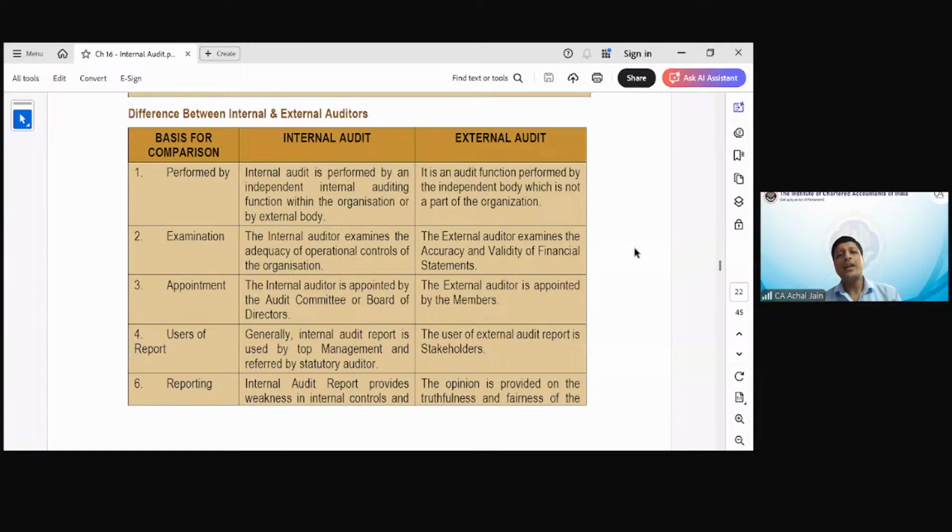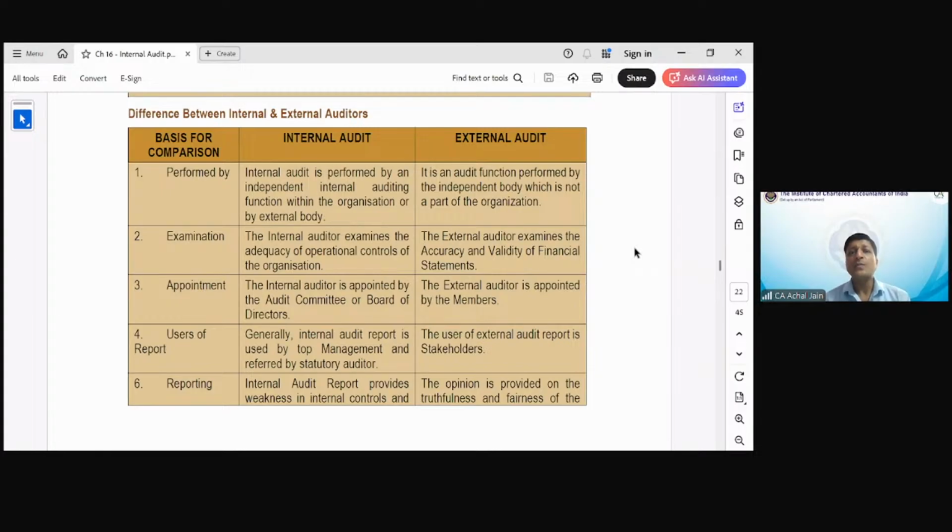See, internal auditor plays a very important role as far as statutory audit is concerned. Now, what is that? Because internal auditor will be involved in a lot of activities, review of various activities, review of various processes.